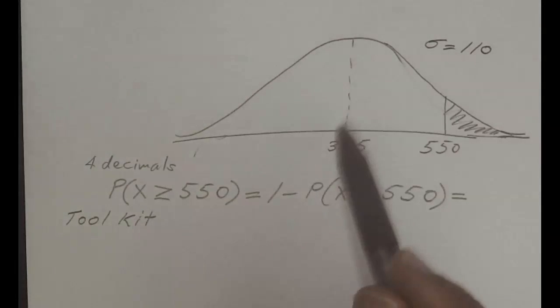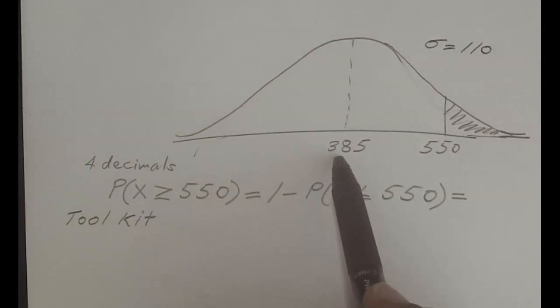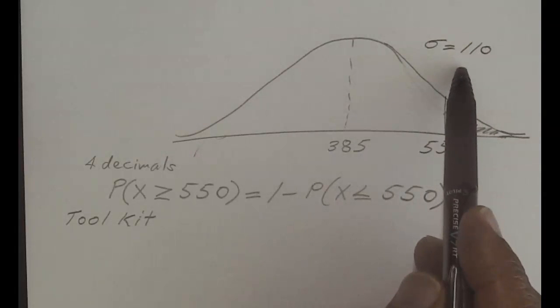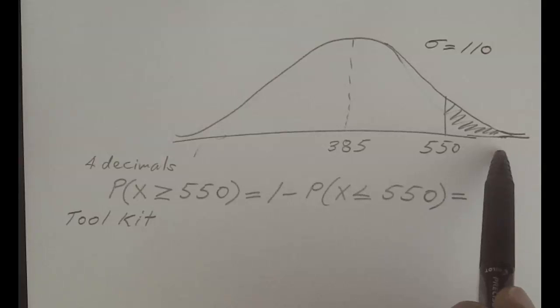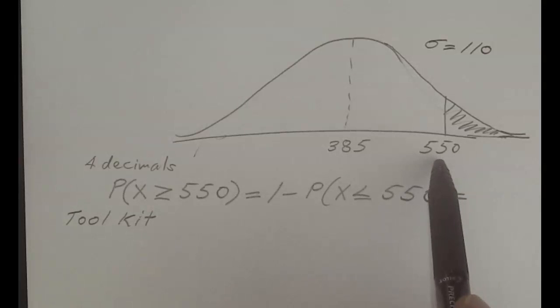A normal probability distribution with a mean of 385, standard deviation of 110. And we're interested in knowing what is the probability of a value greater than or equal to 550. It says 550 or more to 4 decimal places.